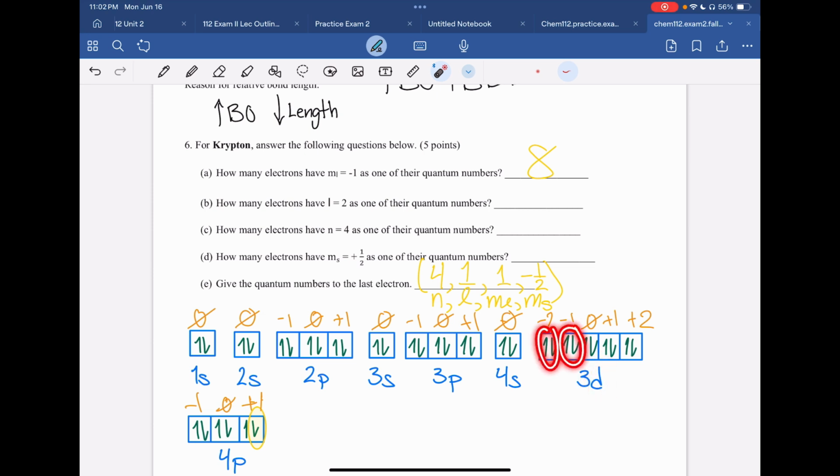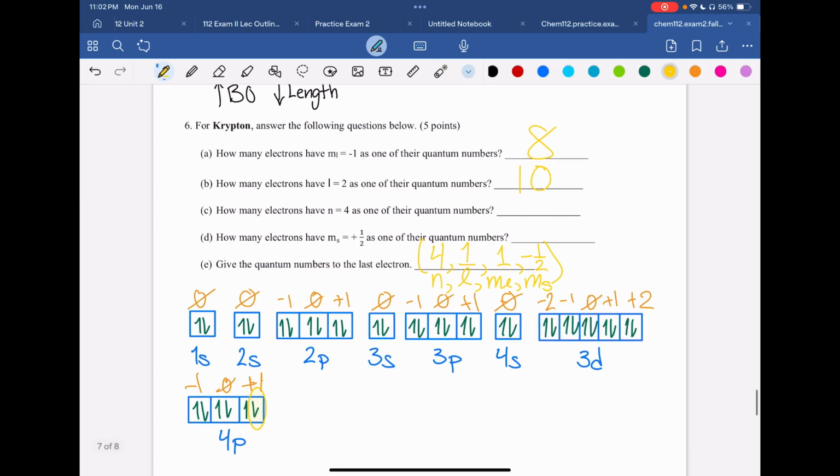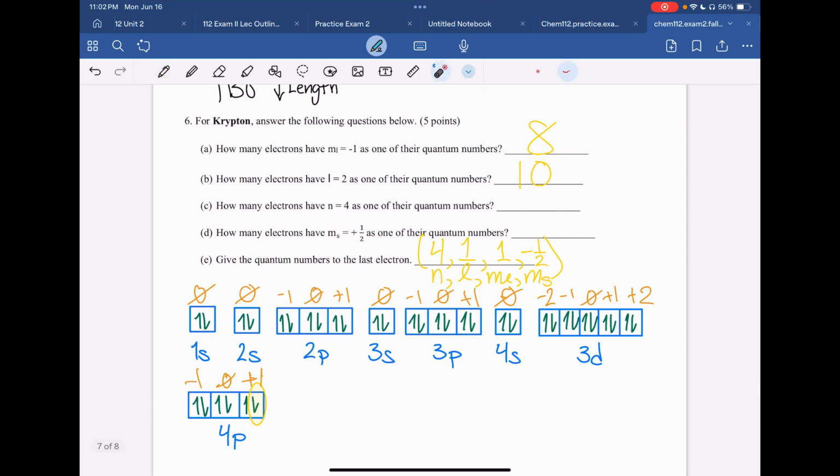There's 2, 4, 6, 8, 10. The answer is 10. How many have N equal to 4? So how many times did you write the number 4? You should have 2, 4, 6, 8 electrons.